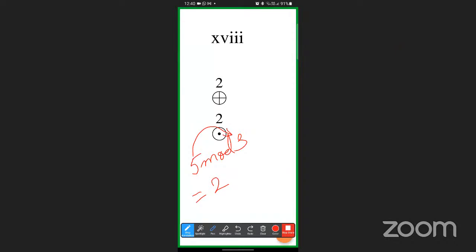So 5 mod 3 is 2. Addition modulo 2 will give me either 0 or 1. If it is odd, it will give me 1. If it is even, it will give me 0.